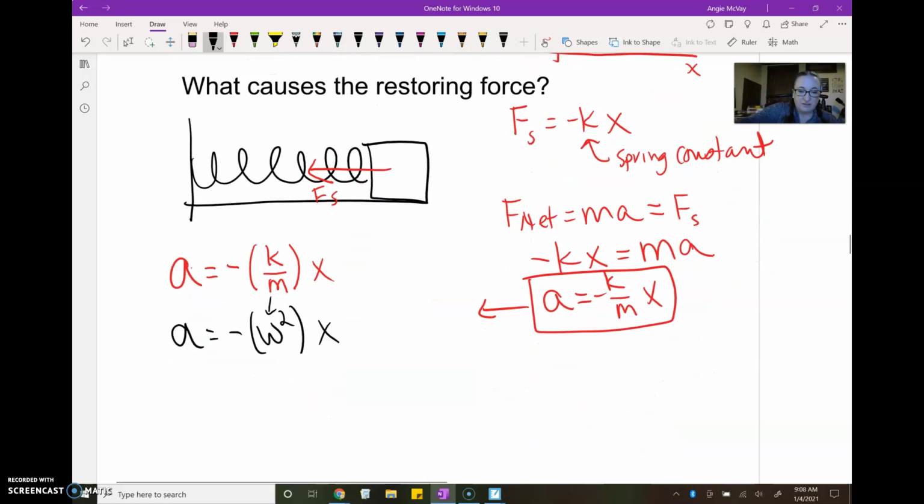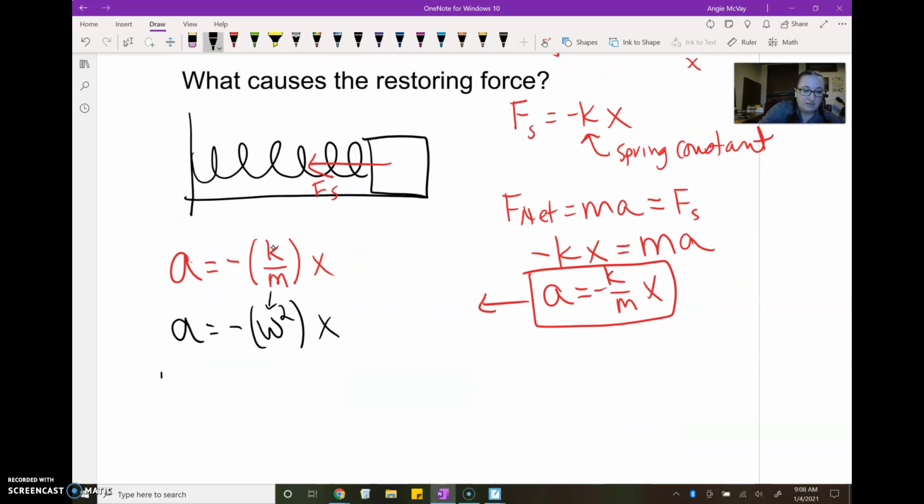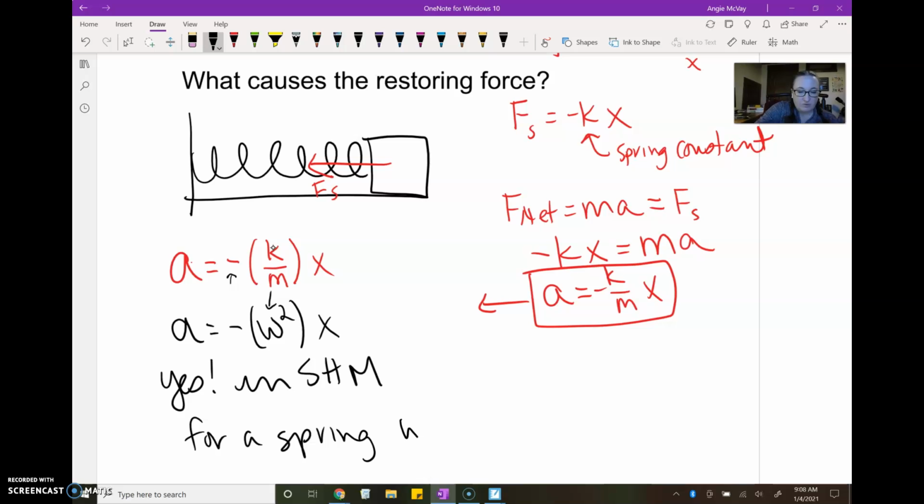That tells us that, yes, the spring is in simple harmonic motion. The acceleration has a negative proportional relationship with the displacement, and the acceleration is always opposing the displacement, as indicated by these negatives here. And we can also see that for a spring, omega squared is equal to the spring constant over the mass.